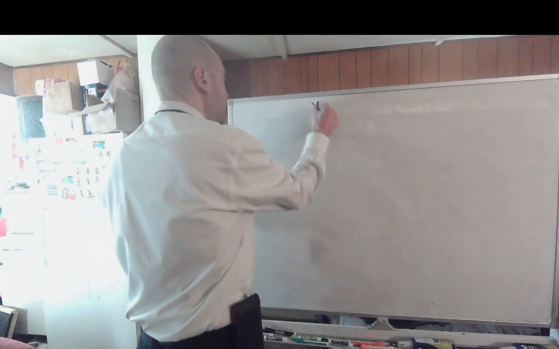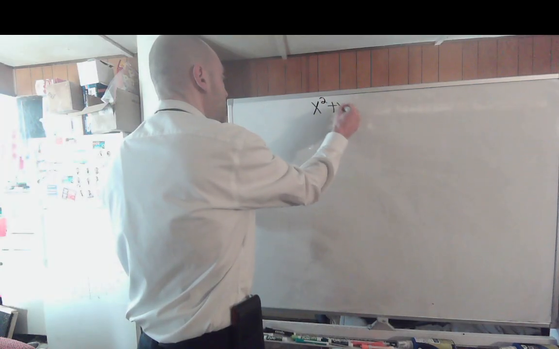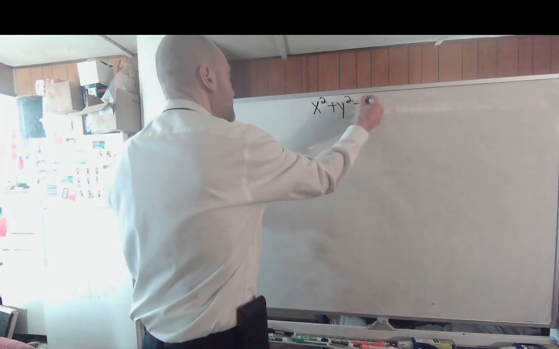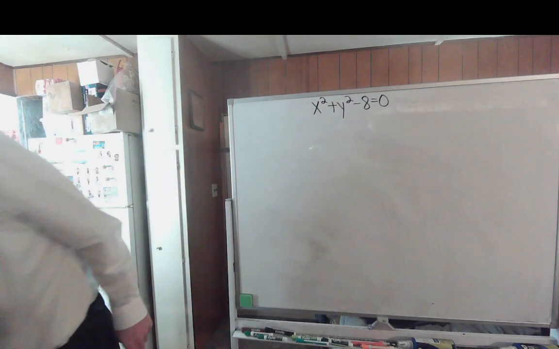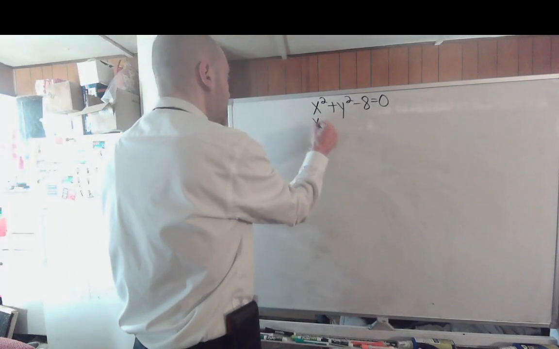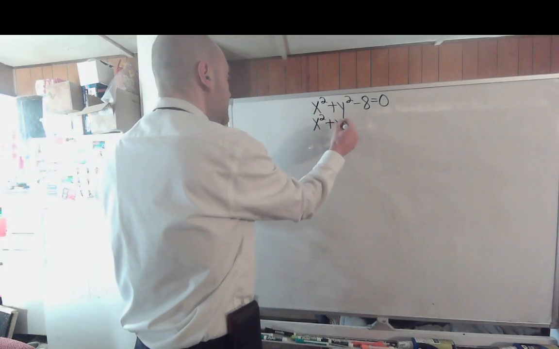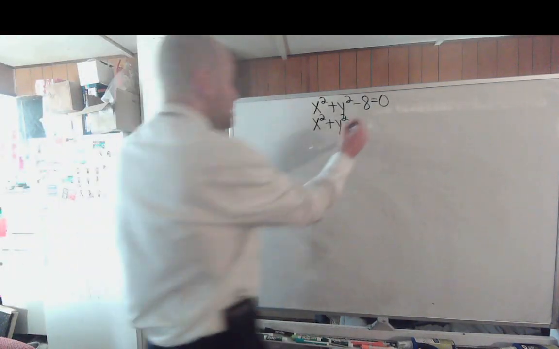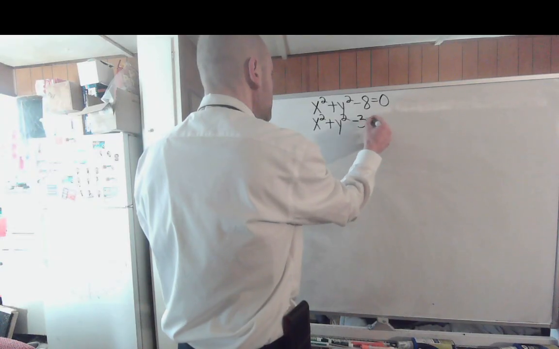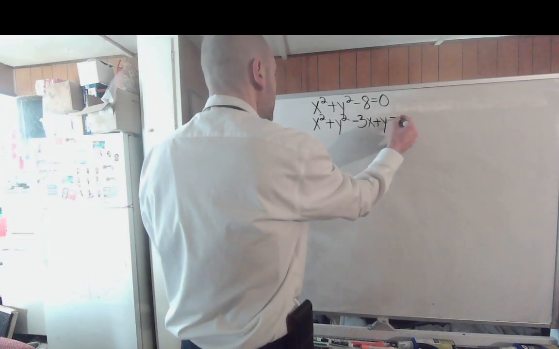Now, let's see here. So we have x squared plus y squared minus 8 equals 0. x squared plus y squared minus 3x plus y equals 0.